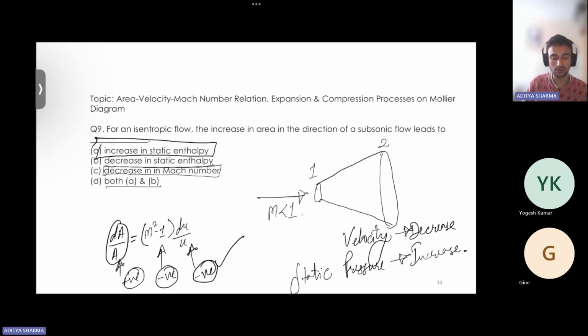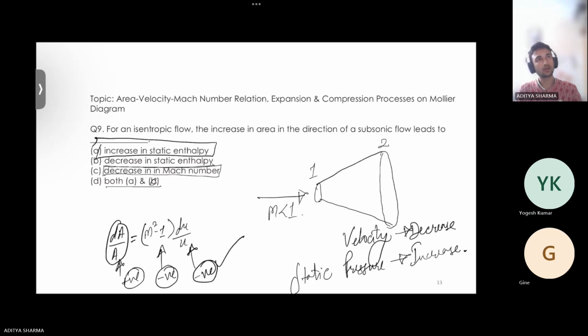This is what I can deduce from what we have in hand. It should have been A and C. So I have given wrong options. Okay. Anyways, I think that it will have a decrease in both static enthalpy as well as the Mach number because area is increasing.